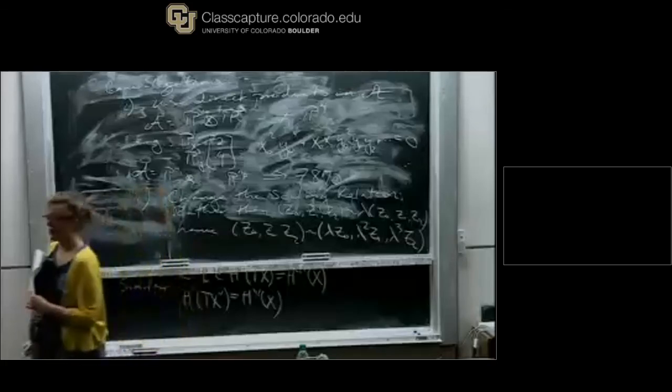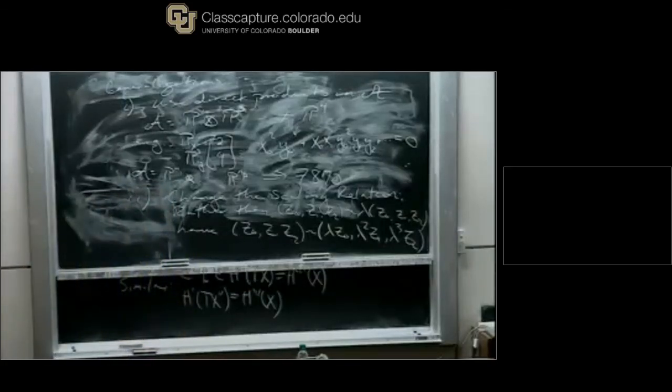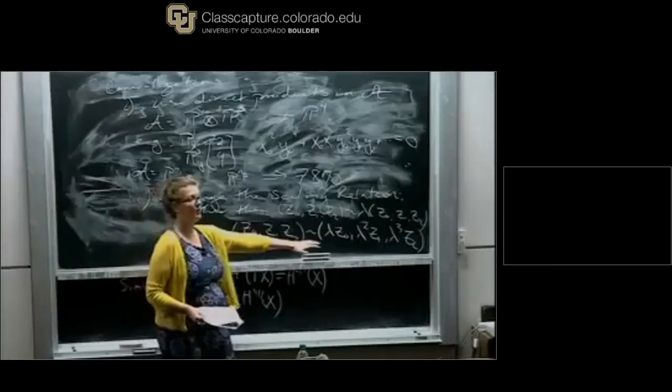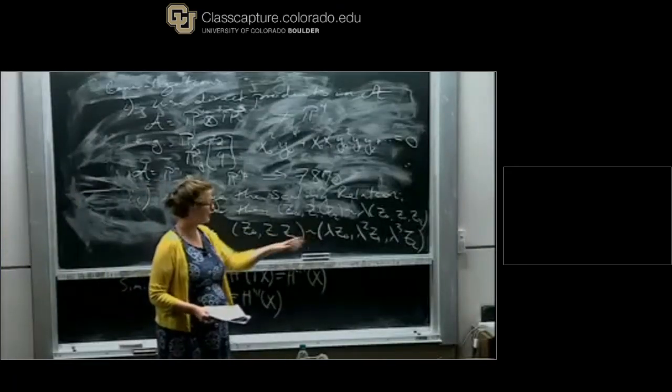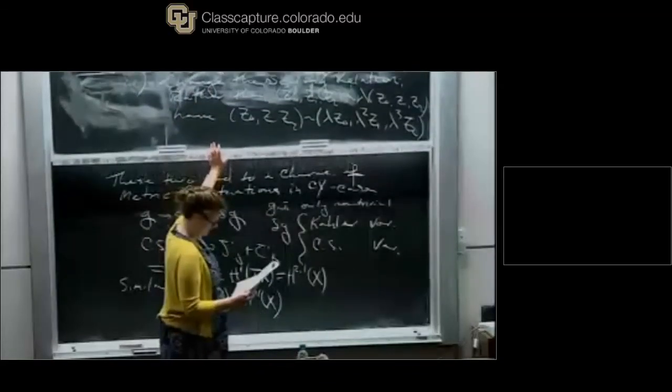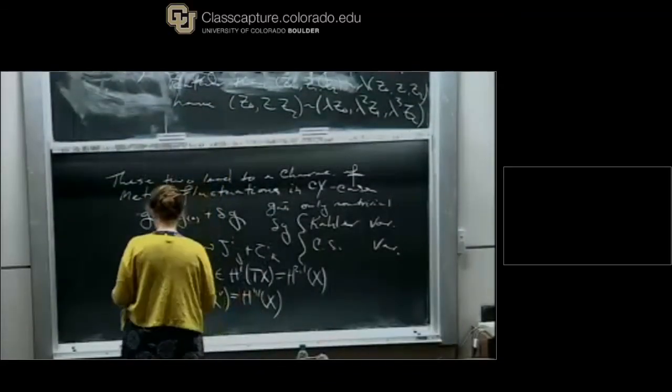This will still give you good polynomial equations as long as you write down homogeneous equations of the right overall degree, and this will still give you Calabi-Yaus. And this is called a weighted projective space.